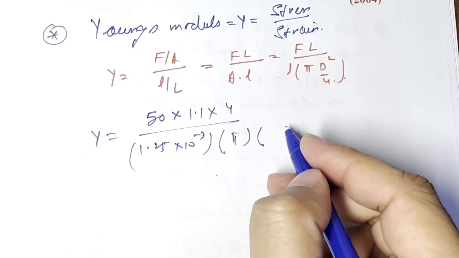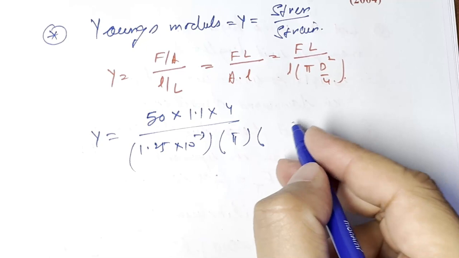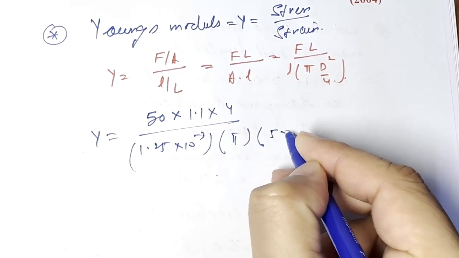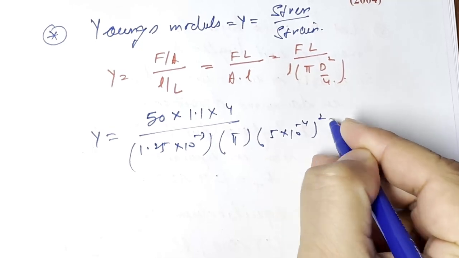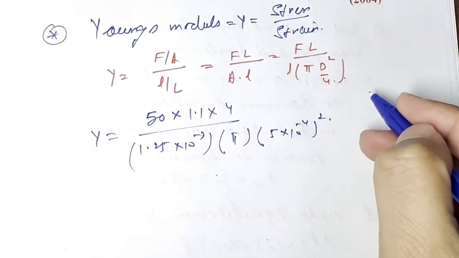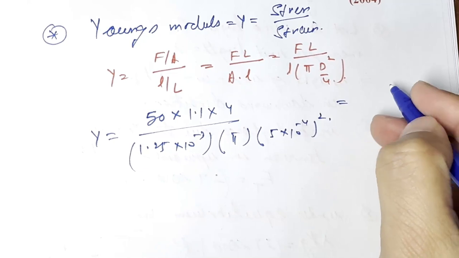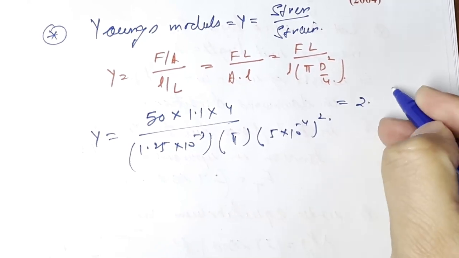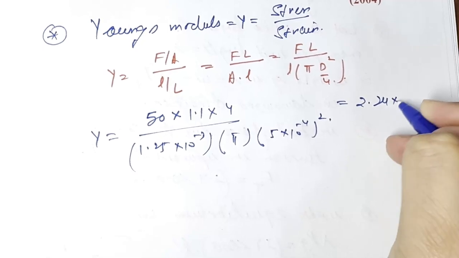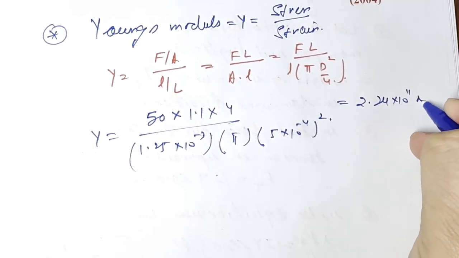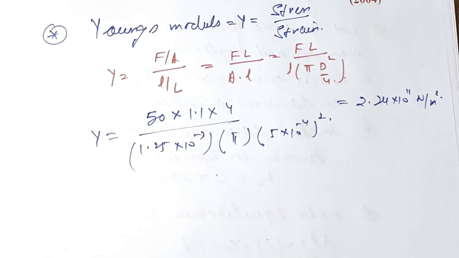Diameter is given as 0.05 centimeter, so we can write this as 5 times 10 to the power minus 4, and whole square. So we are going to get the value of Y approximately equal to 2.24 times 10 to the power 11 Newton per meter square.